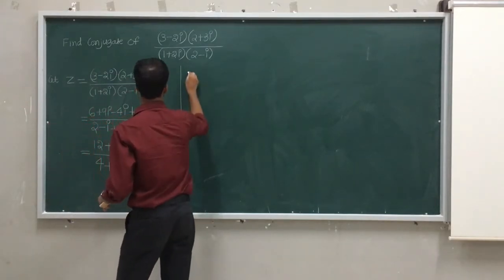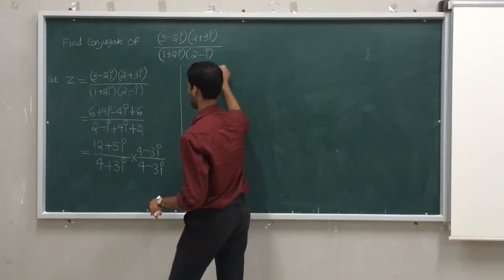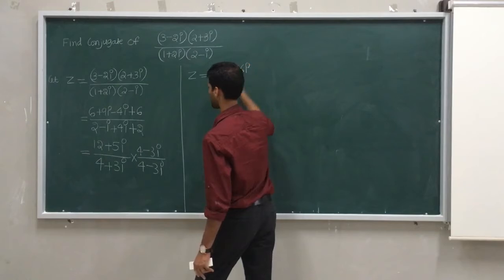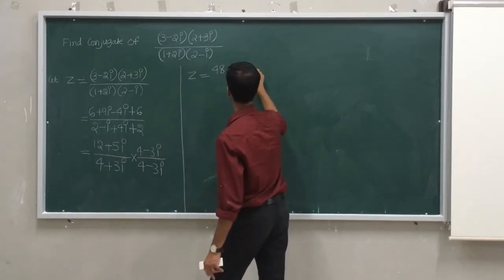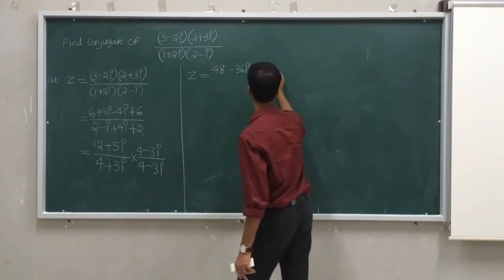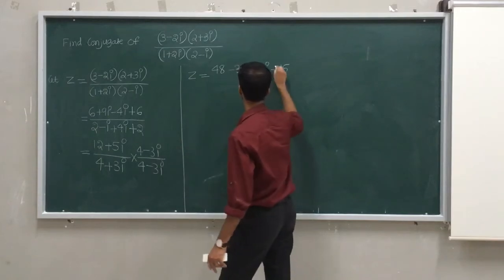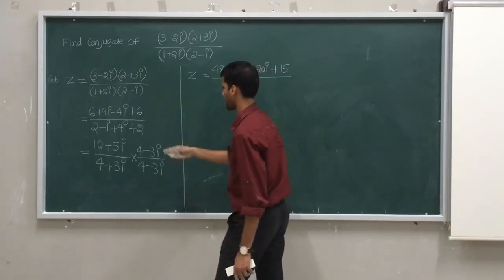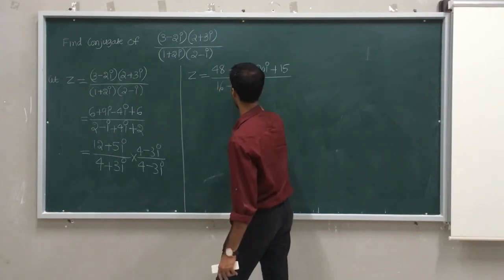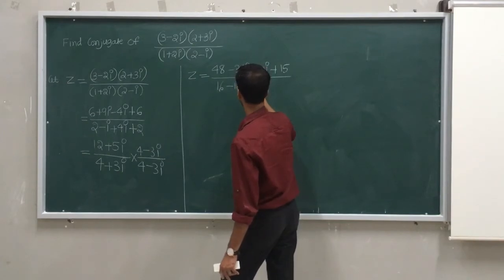So the given complex number becomes z equal to 12 into 4, 48. 12 into minus 3i, that is minus 36i. 5i into 4, 20i. Then 5i into minus 3i is minus 15i square, i square is minus 1, minus becomes plus, divided by 4 fours are 16, 4 into minus 3i is minus 12i, right? 3i into 4, that is plus 12i.